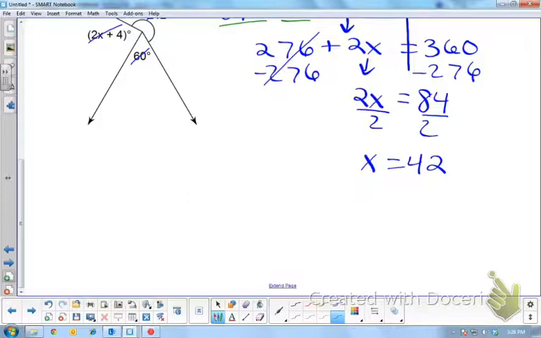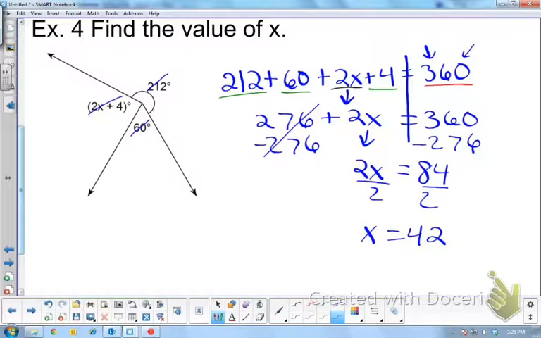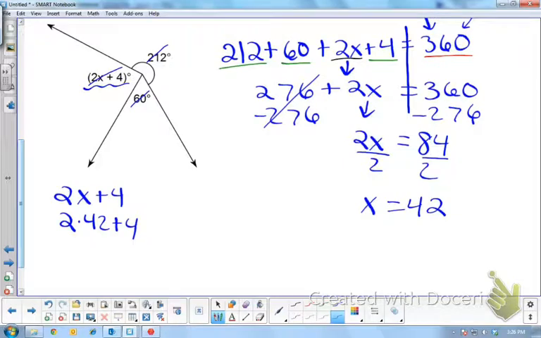If we wanted to actually find the degree measure, we'd go back to our expression that had an x, plug it in, so that we could get the actual angle measure. So we have 2x plus 4. I'm going to replace x with 42. 2 times 42 is 84, plus 4 is 88 degrees.